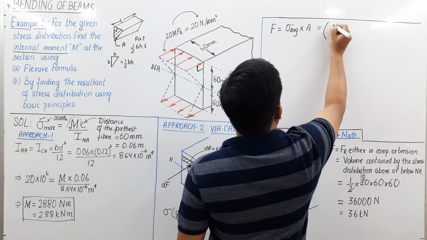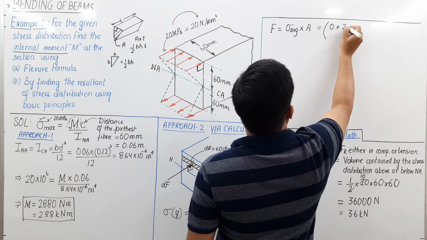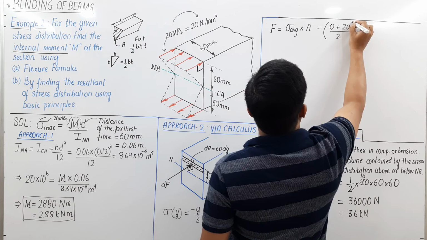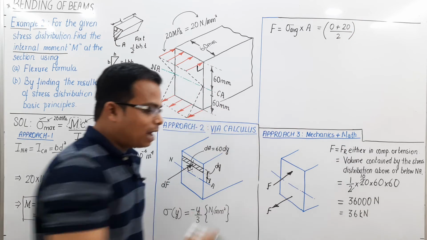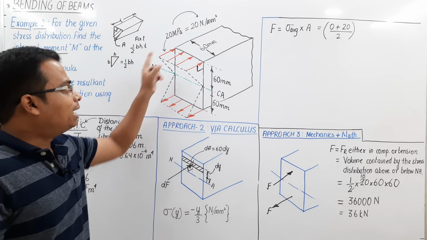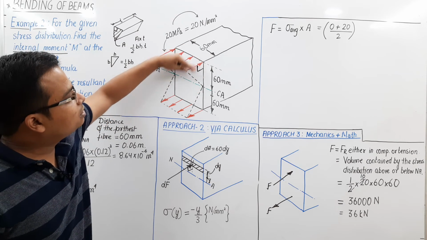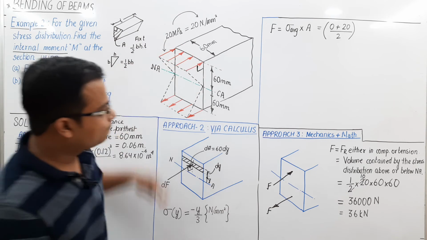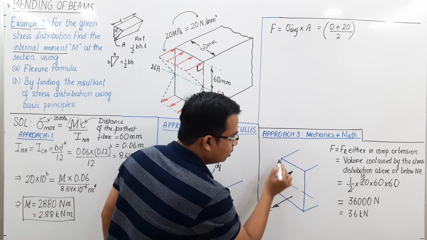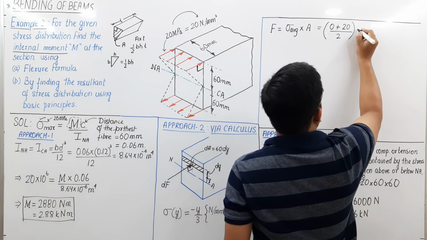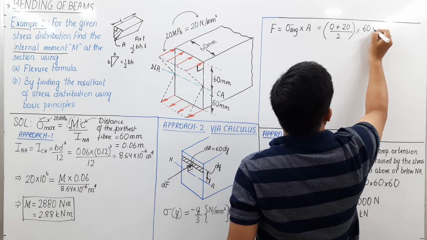So you can write 0 plus 20 divided by 2, and that gives you the average value of the bending stress at the cross section above the neutral axis, isn't it? And how much is this area? We are talking about only this much area. So this is 60, this is 60. You simply multiply it with 60 and 60.